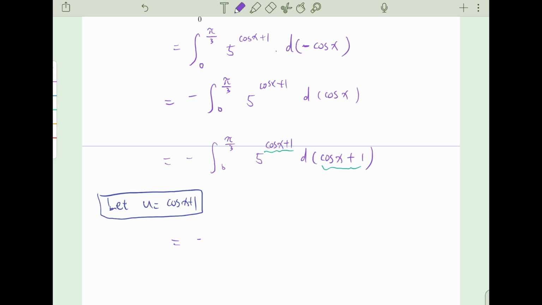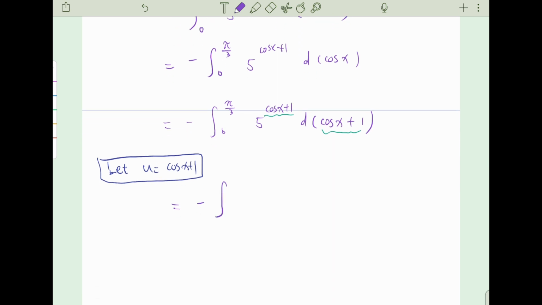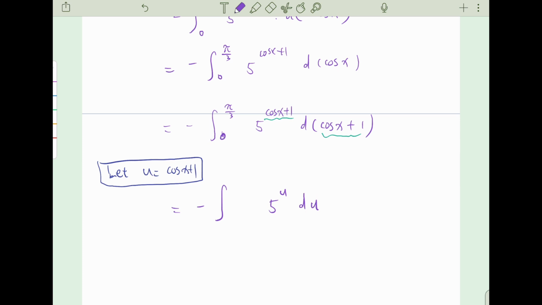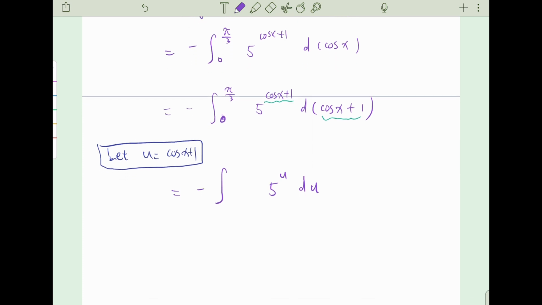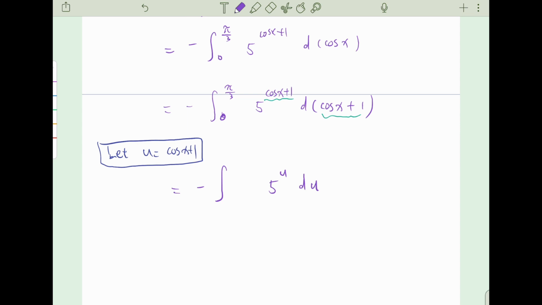And now I replace this with 5 to the u du, and also need to replace my upper bound and lower bound. The new lower bound is cos 0 plus 1, which is 2. And my new upper bound is cos pi over 3 plus 1. That is, cos pi over 3 is 1/2. So that is 3/2. Okay?